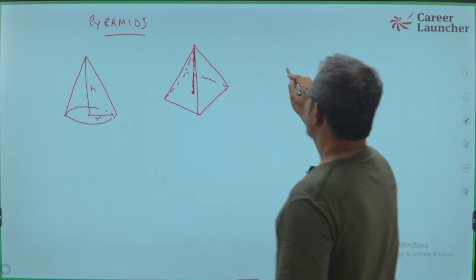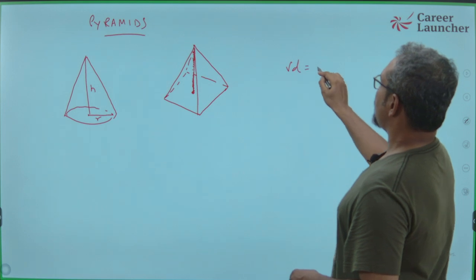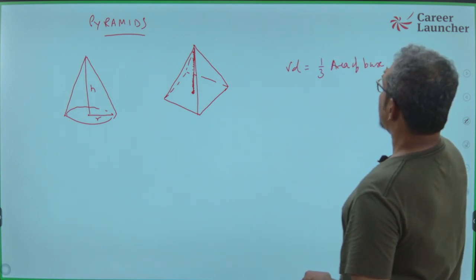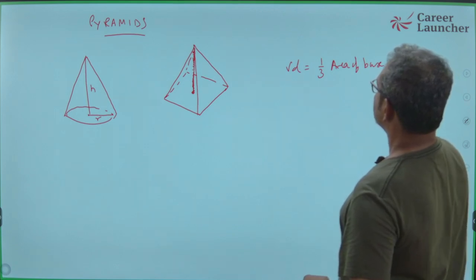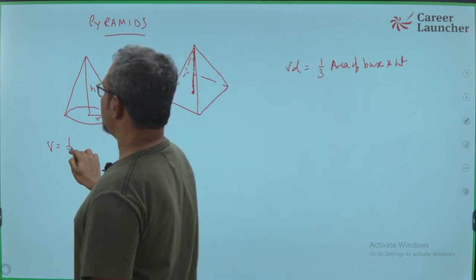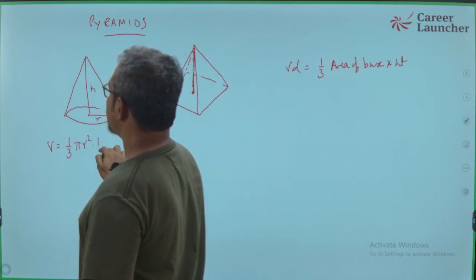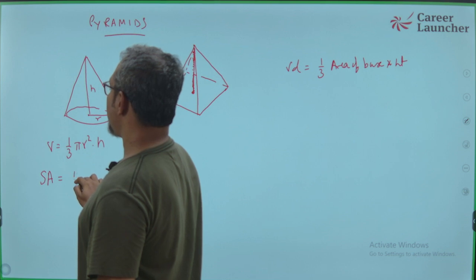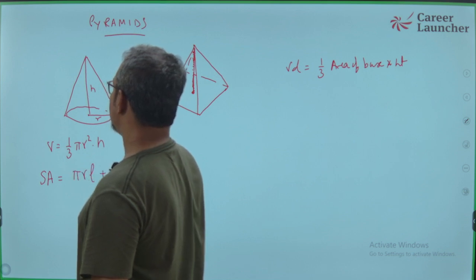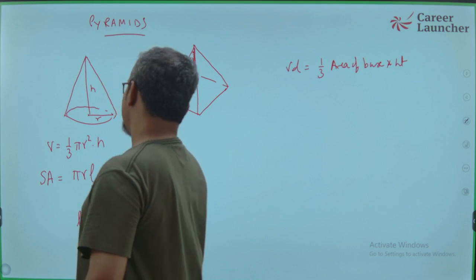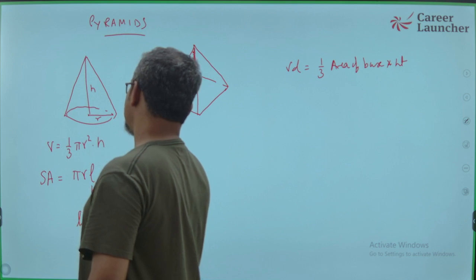So, for pyramids the volume is 1/3 area of base times height. So, for the cone the volume will be 1/3 pi r squared times h. Surface area is the lateral pi r l plus the base pi r squared. Here L represents root over r squared plus h squared.